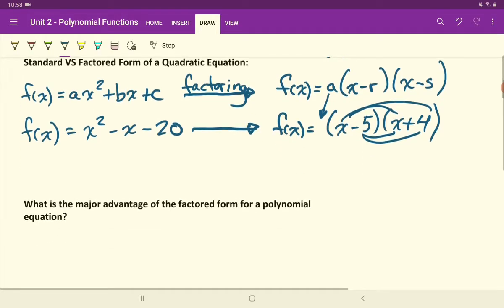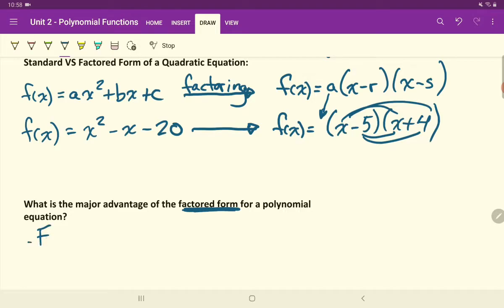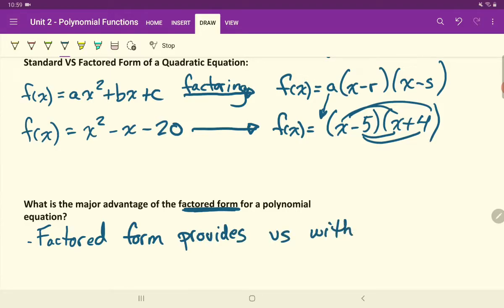So the question then becomes, what's the major advantage of the factored form for a polynomial equation? Well, the factored form provides us with something that the standard form equation does not: the ability to determine the x-intercepts.